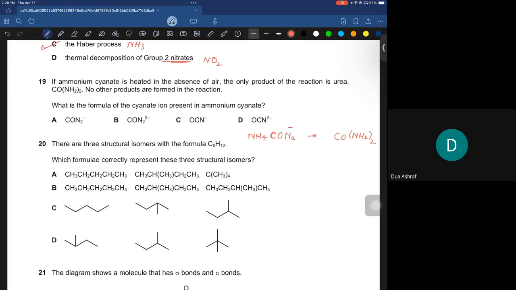Then is the charge balanced? First of all, you have to find this out.